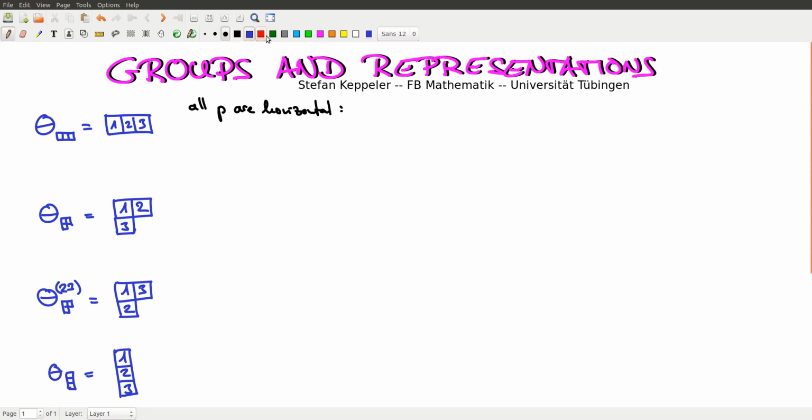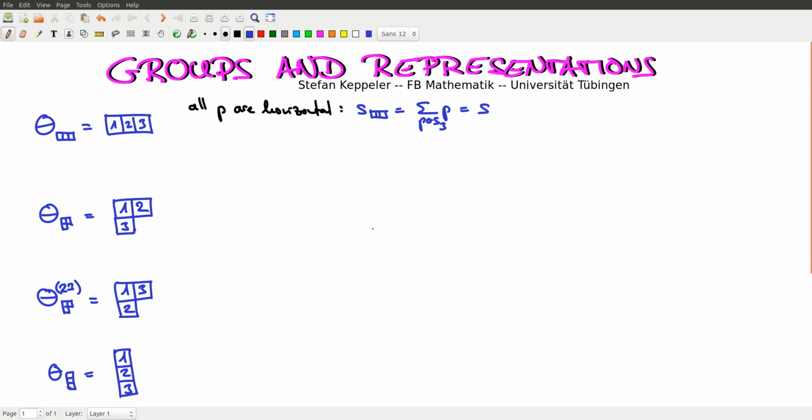And that means the symmetrizer for this tableau, for the normal tableau corresponding to this diagram here, that's the sum over all permutations in S3.